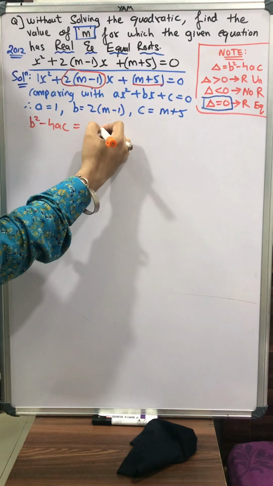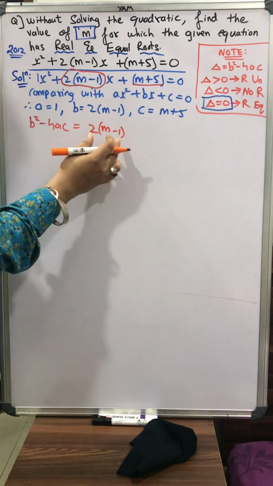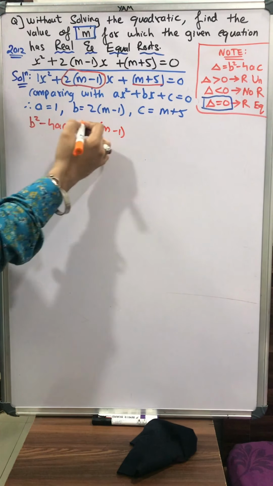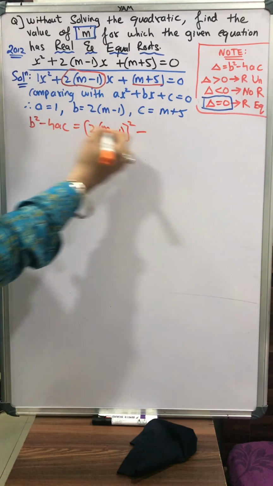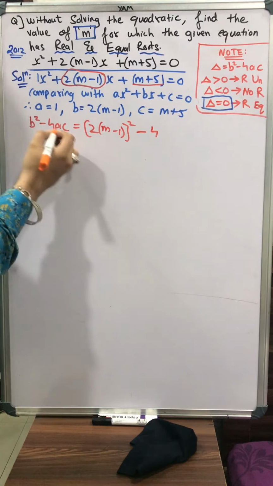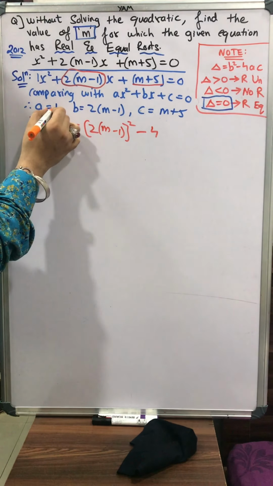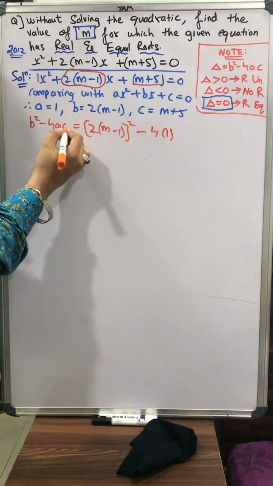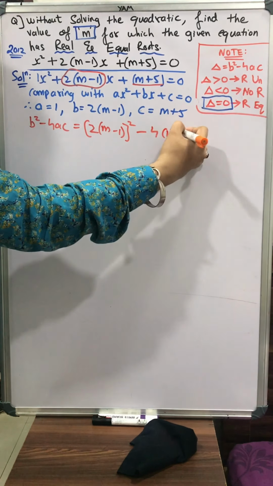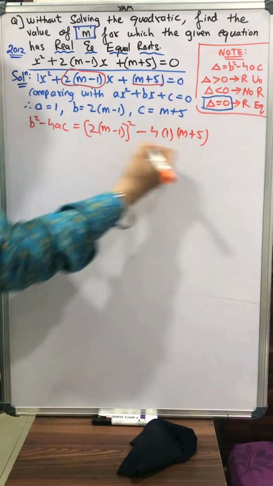So first I'll write 2 into m minus 1, this is the value of b, and I put a square above it. This minus as it is minus. 4 I'll write as it is. a is 1, the value of a is 1. The value of c is m plus 5.